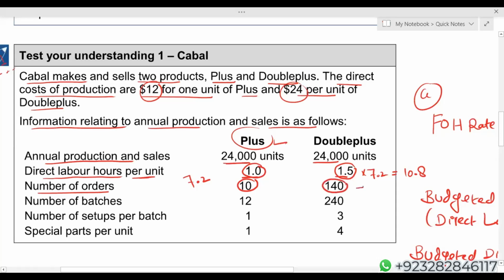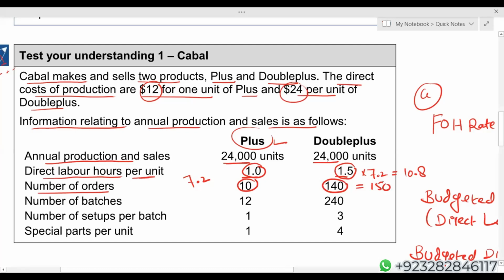It means the total number of orders is 150.